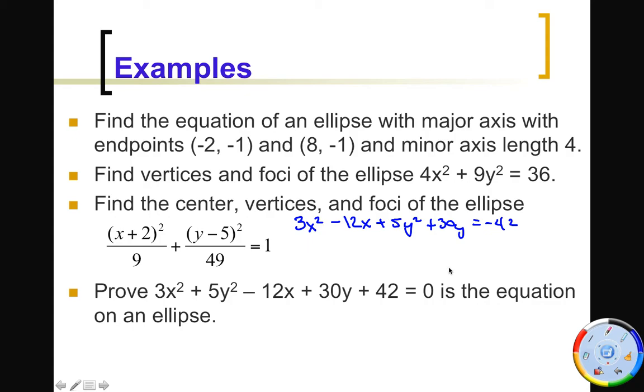Now, you might recall, in order to complete the square, you need to factor out the number in front of the quadratic. So I'm going to factor out the 3, and I get x squared minus 4x, plus blank. Plus 5 times y squared plus 6y plus blank, equals negative 42 plus blank plus blank.